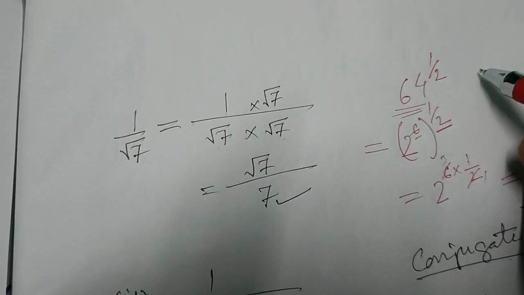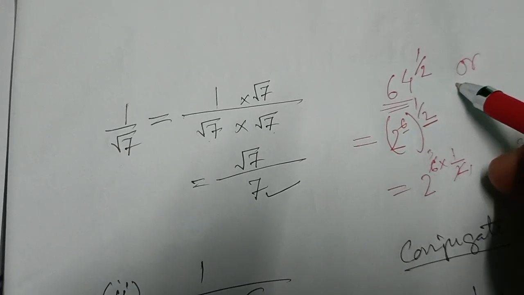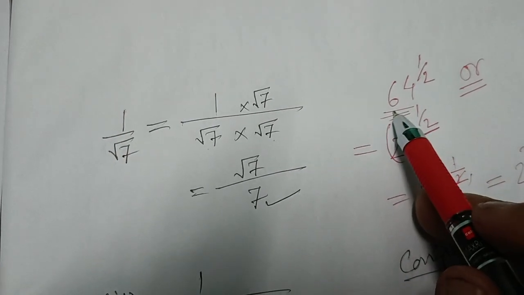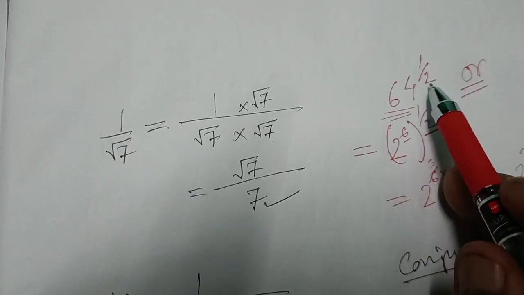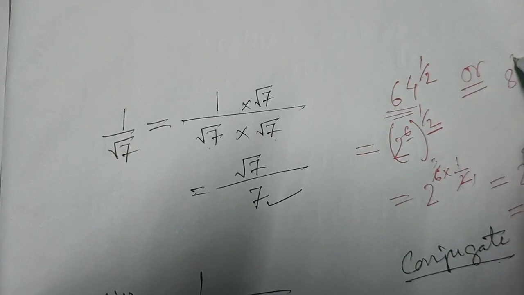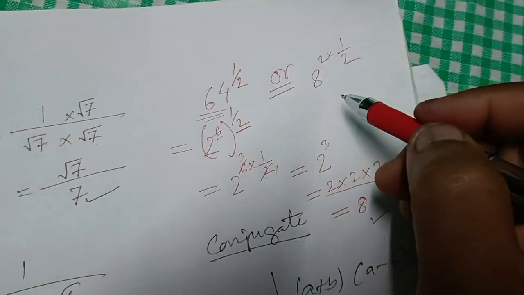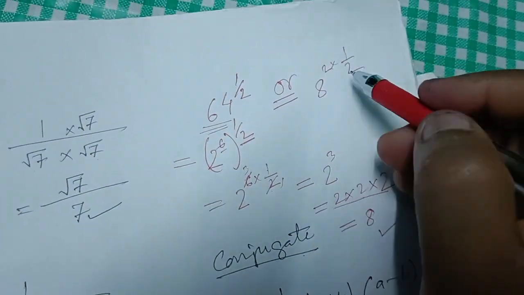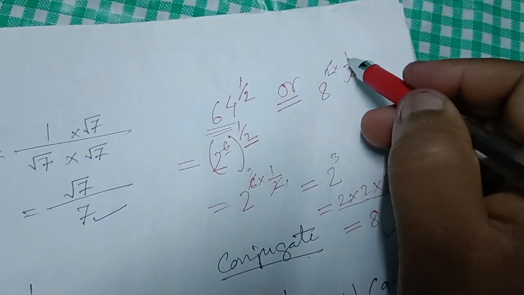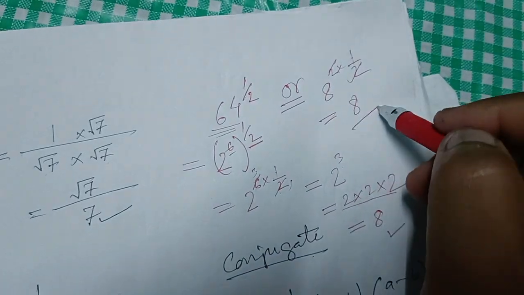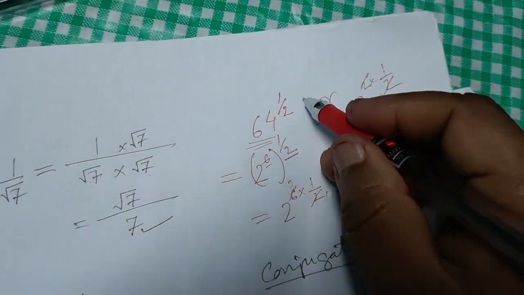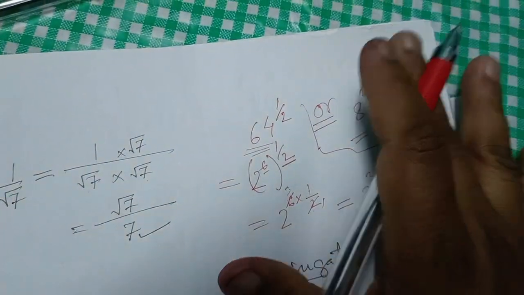So the short way, if you're a little bit expert, you know 64 is 8 square. That means you can write this as 8 square. Clear? That is into 1 by 2. You see 1 by 2. 8 square into 1 by 2. Then this 2 will get cancelled. 8 to the power 1 will give 8. So directly we are getting it, but just for your understanding, I am showing you this one.